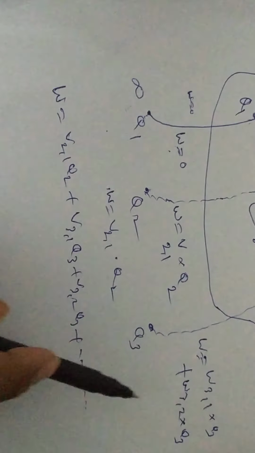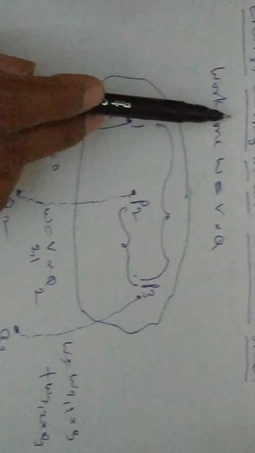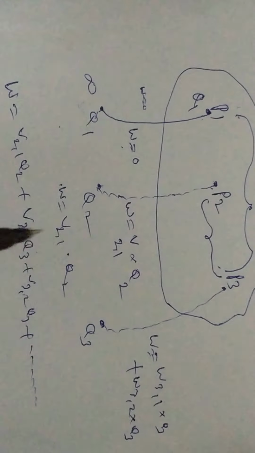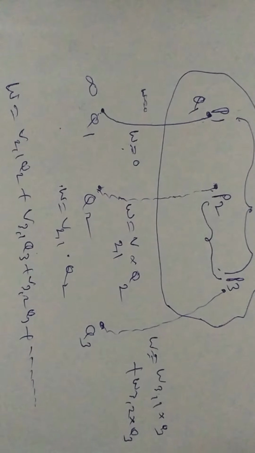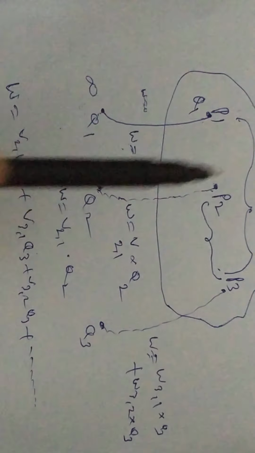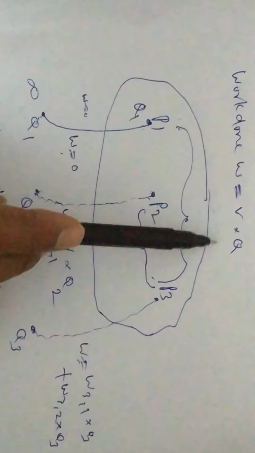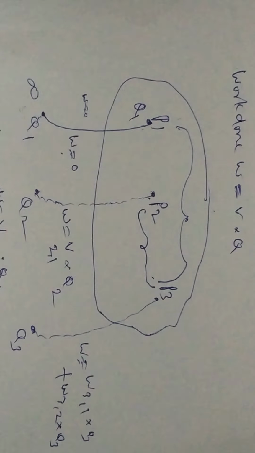Based on this concept, we are going to derive the expression for energy density in an electrostatic field. If you know this concept, the remaining derivation we can do automatically. The work done standard formula is W is equal to V into Q. V is the potential difference between the 2 points or point charges.